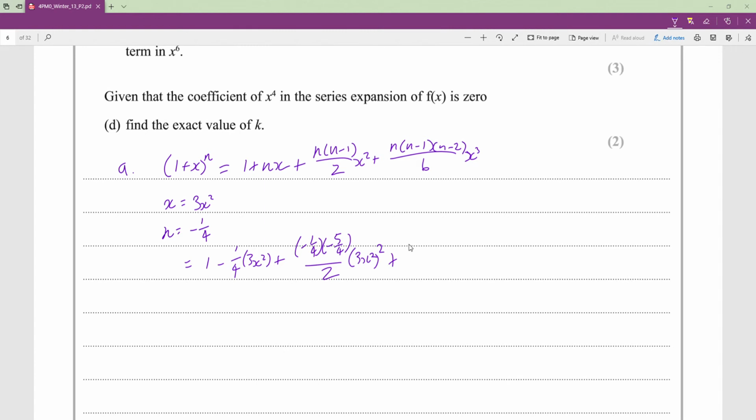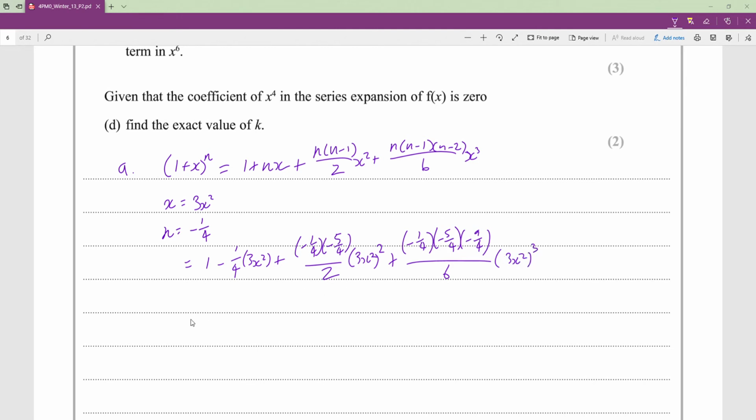Maybe 9x tetrad. I don't know what the power of 4 is called. Plus minus 1 over 4 times minus 5 over 4 times minus 9 over 4 over 6 times (3x squared) cubed.